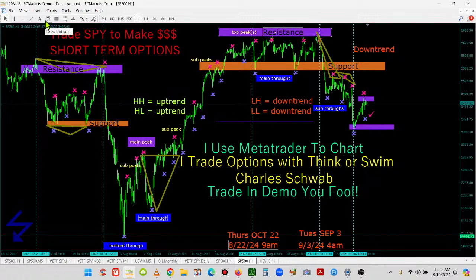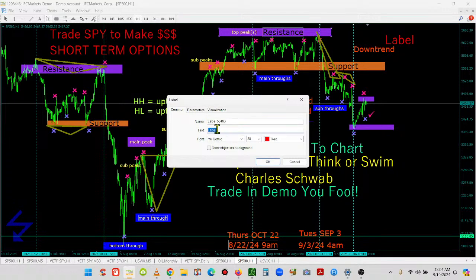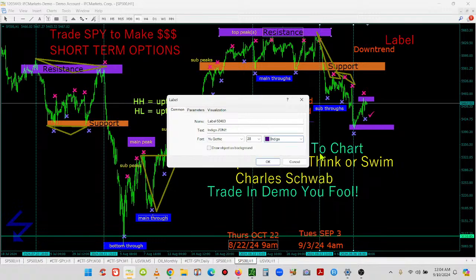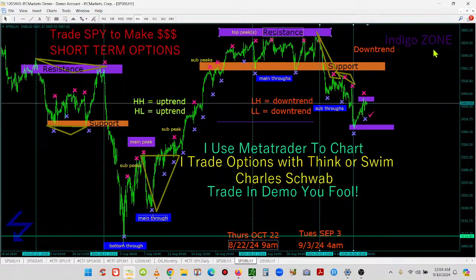All right. And when you have an indigo zone, you should probably name it indigo and have the color scheme match indigo, because I said so.